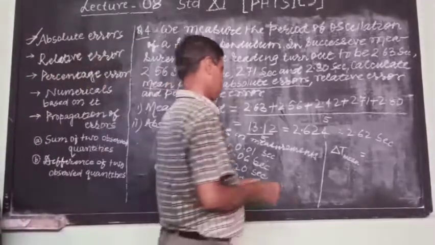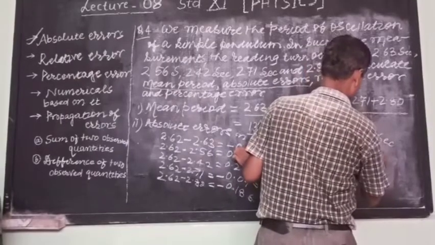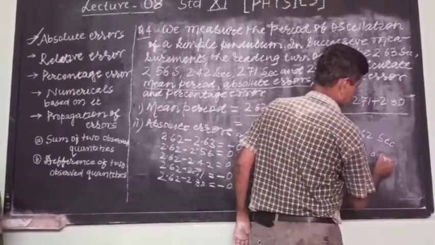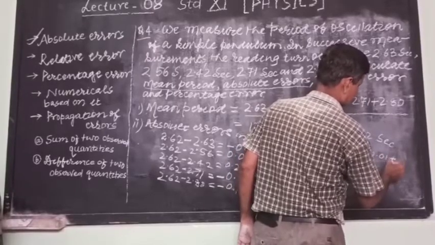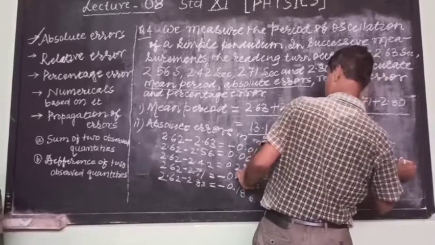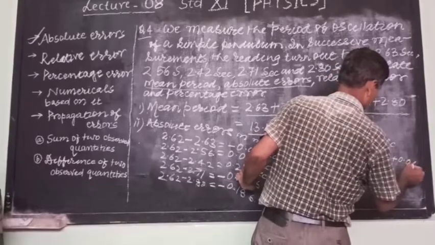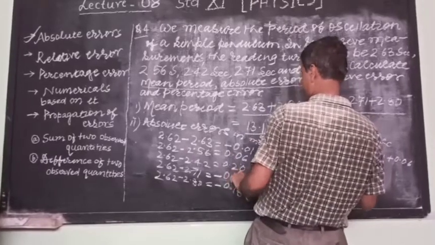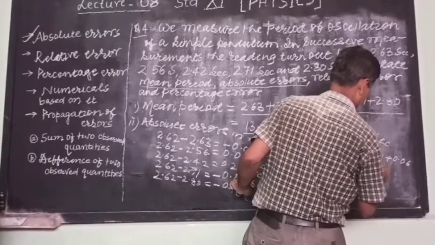So it will be the modulus of these: 0.01 per second error, 0.06, third one 0.20.